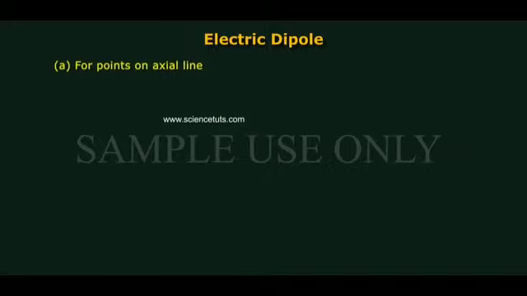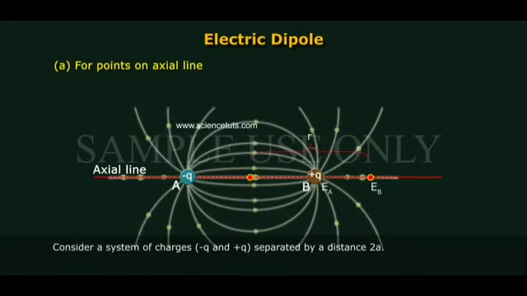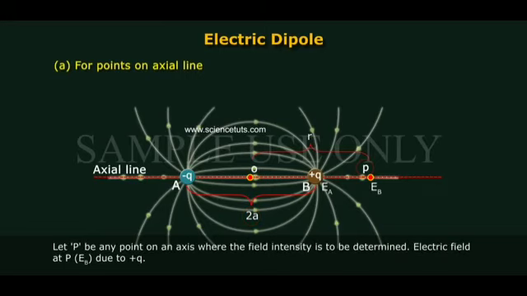A. For points on the axial line. The axial line of a dipole is the line passing through the positive and negative charges of the electric dipole. Consider a system of charges minus Q and plus Q separated by a distance 2A. Let P be any point on the axis where the field intensity is to be determined.